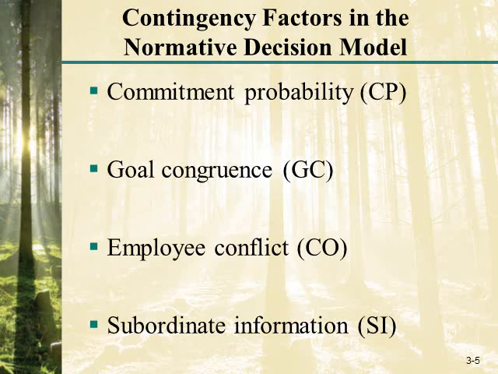The goal congruence: do employees agree with the organizational goals? Do they support the organizational goals? The employee conflict: is there any conflict among employees over the solutions, or do they have a positive relationship with each other? And finally, the subordinate information: do the employees have enough information to make a high quality decision?